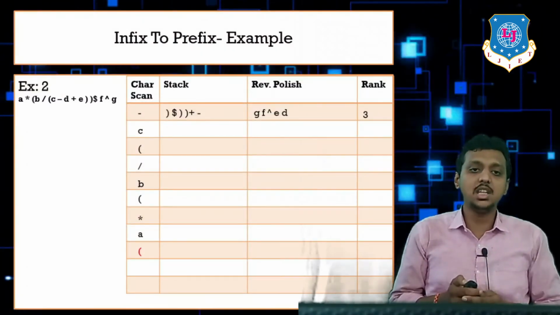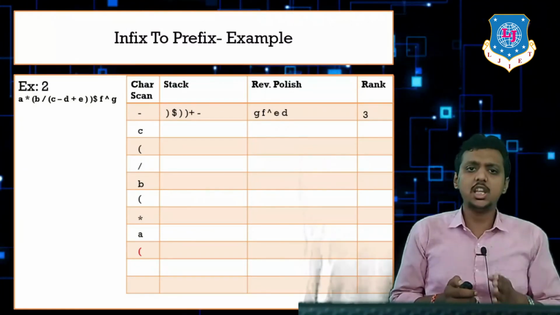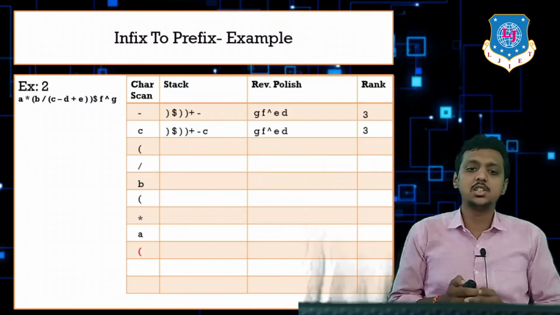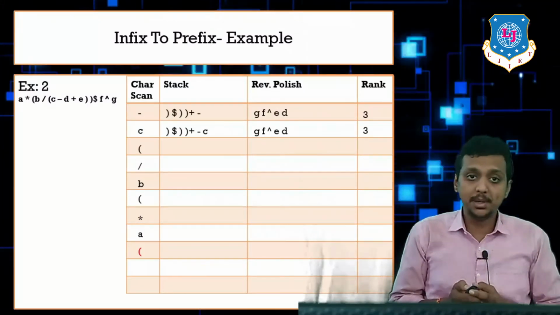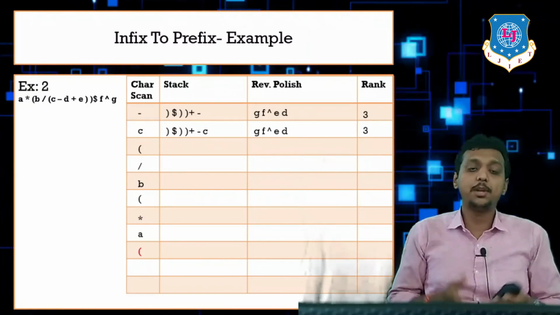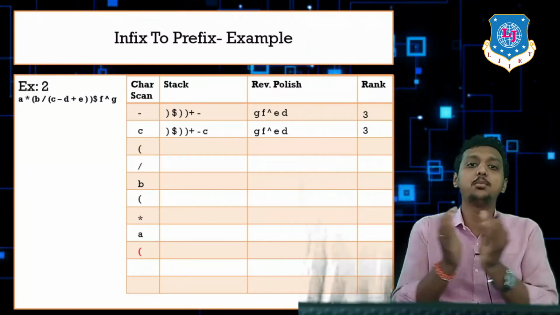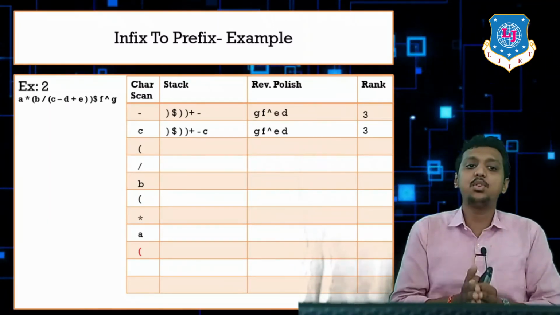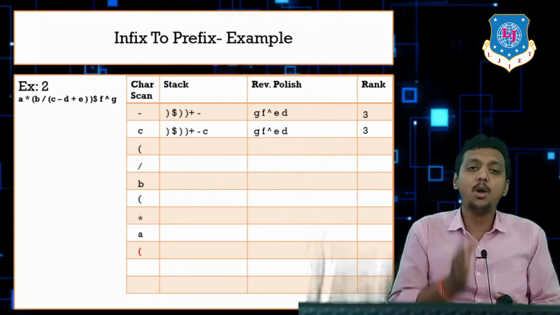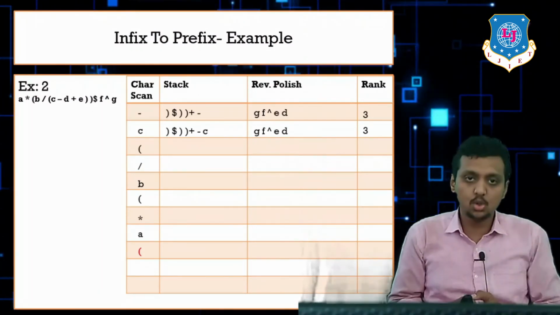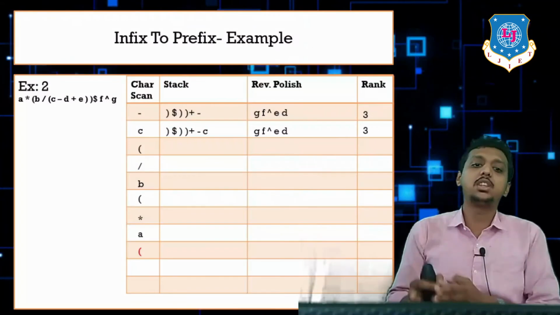Now it starts with the C. C is a character. Do not think much, just push inside the stack. Here it is, this is my reverse polish, this is my rank. Now we have the opening bracket with us. Students, what to do with the opening bracket? Opening bracket and closing bracket both get cancelled out together, and before that you need to pop out each and every element before the first closing one and append with the reverse polish.